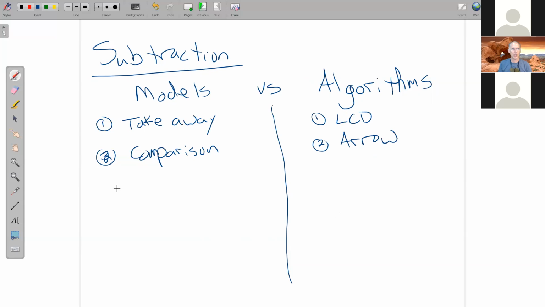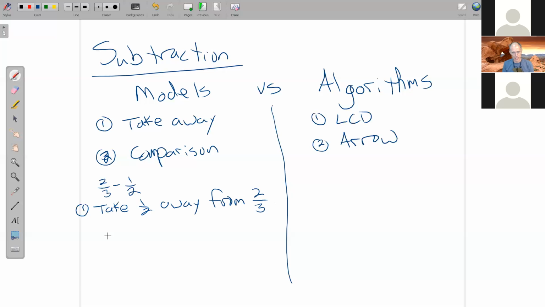And let's try a relatively easy example. Let's do 2/3 minus 1/2. For the first interpretation, I could say, well, let's take 1/2 away from 2/3.